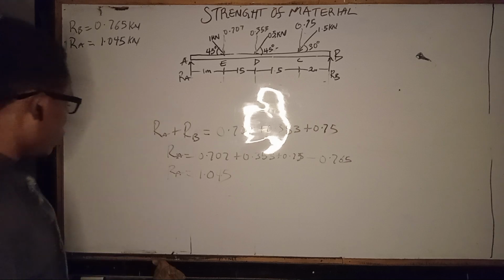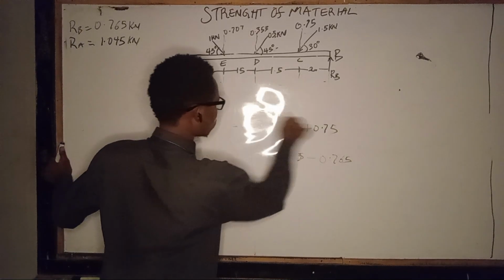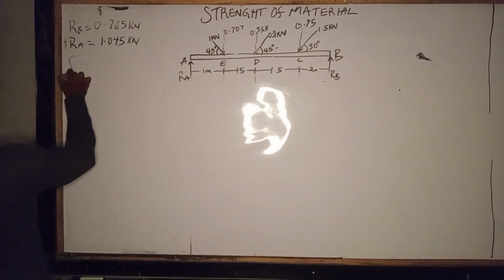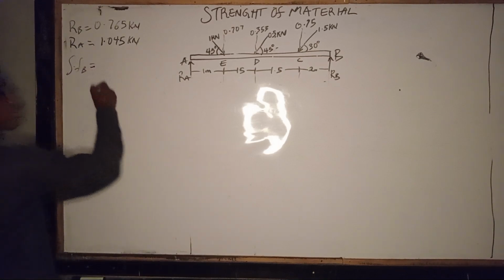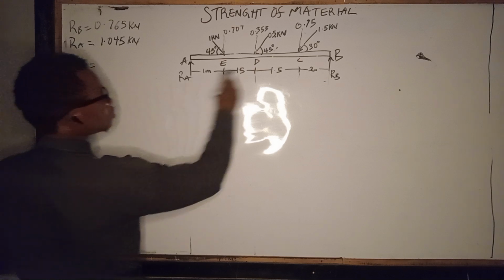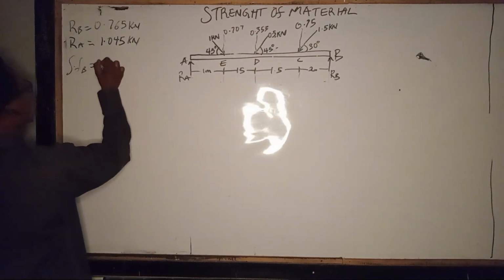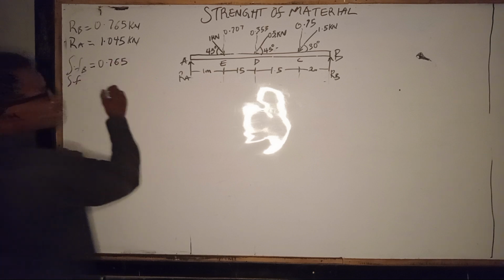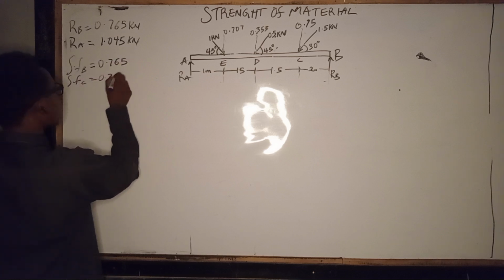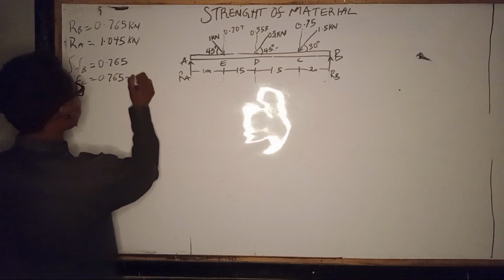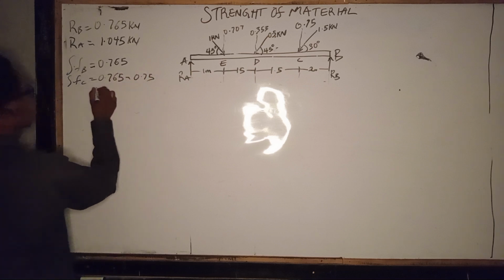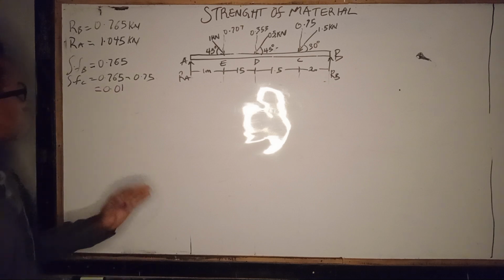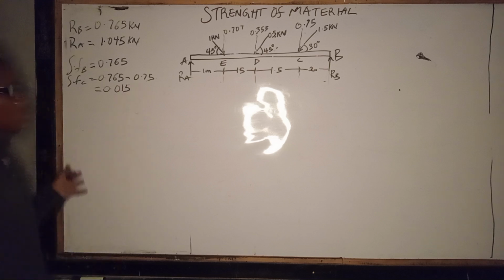Then we move on to our shearing forces. We have our shearing force at B is equal to the force there, which is RB, 0.765, and our shearing force at C is equal to 0.765 minus 0.75, which is equal to 0.015.